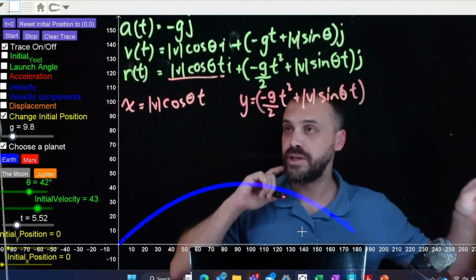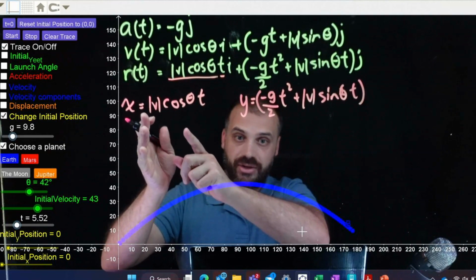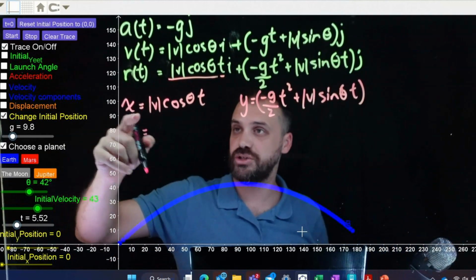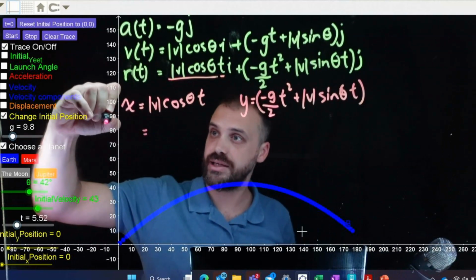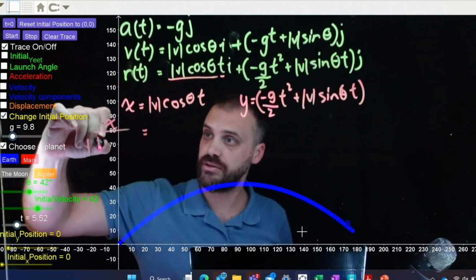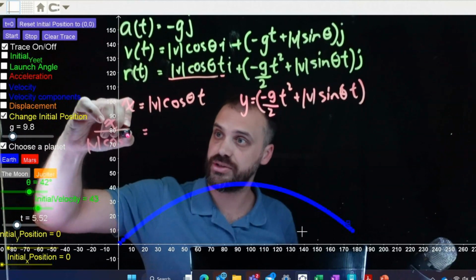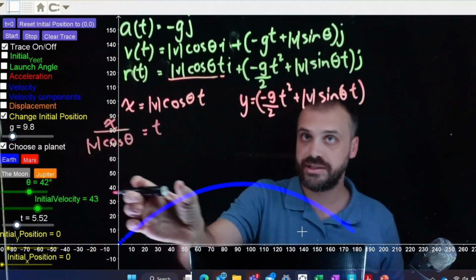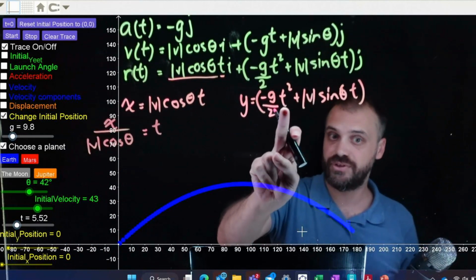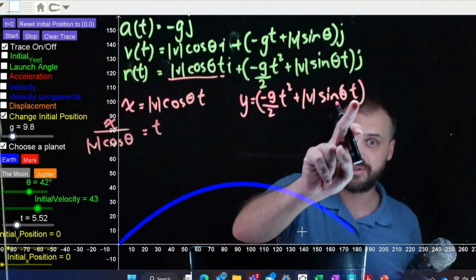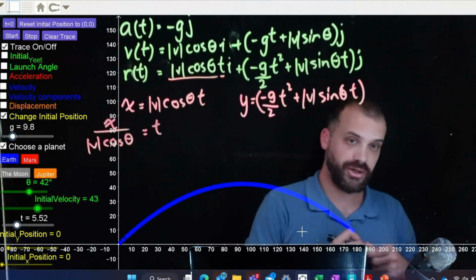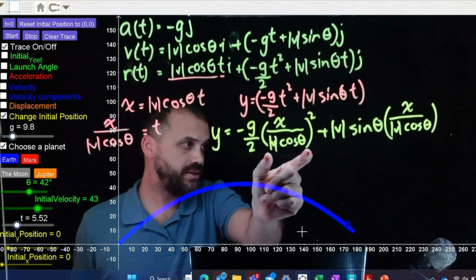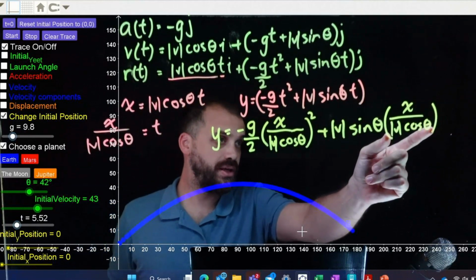Okay, and now we need to get that equation into that equation. So this equation can be rewritten as t equals x over the magnitude of v cos theta. Then I'm going to sub that in for t here and for t here. I substituted this for t here and this here.